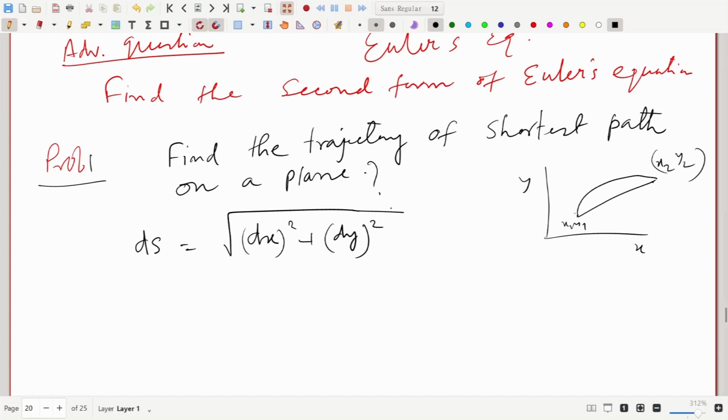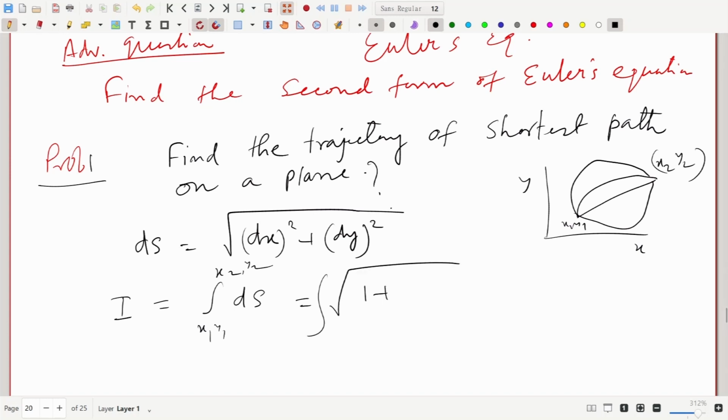You can have various paths. So this total distance I will write as the integration from x1 to x2 of ds, which I can write as the integration of the square root of 1 plus (dy/dx) squared times dx, and this integration is between x1 and x2 because x changes from x1 to x2.